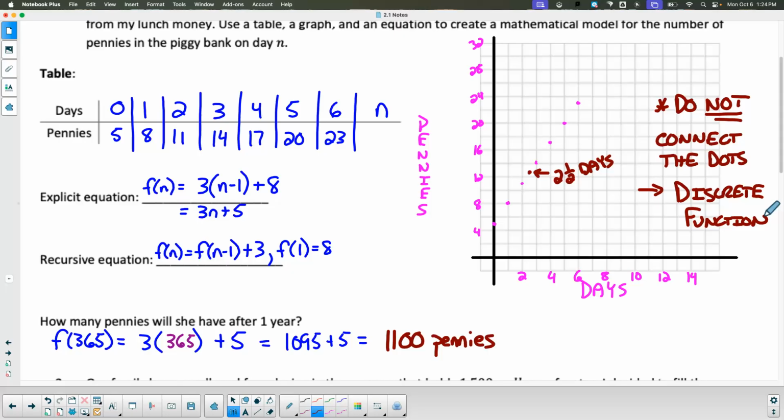Days. The number of days, right? The input is the day. We only are inputting whole days into it. Sibling is not coming home halfway through and allowing us to do that. Okay? Understand that? All right. Let's go down to the next one.